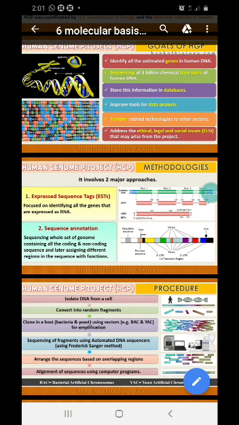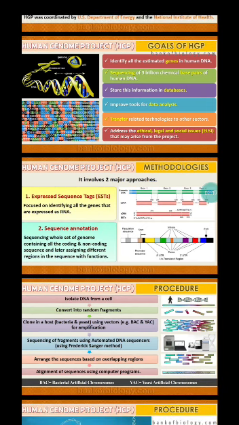Okay, now what were the two methodologies? How were they going to find out? Were they going to sequence these genes on the chromosomes? They adopted 2 methods.